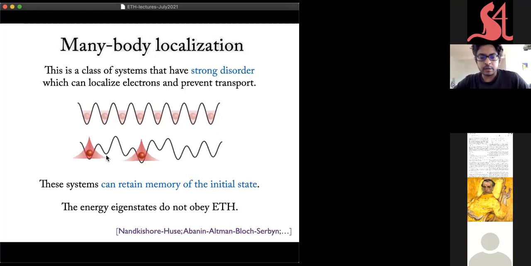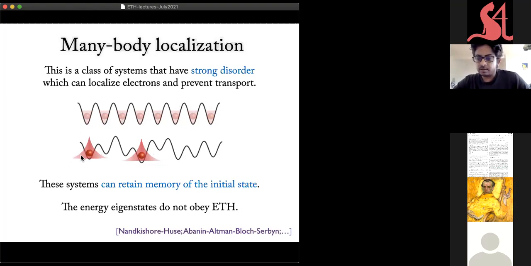But there can be disorder in the system. This disorder deforms the potential of that of a clean crystal, and at some lattice sites the potential well is deep enough that it can actually trap the electron wave functions.